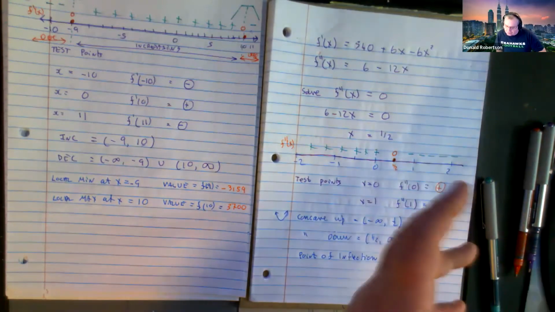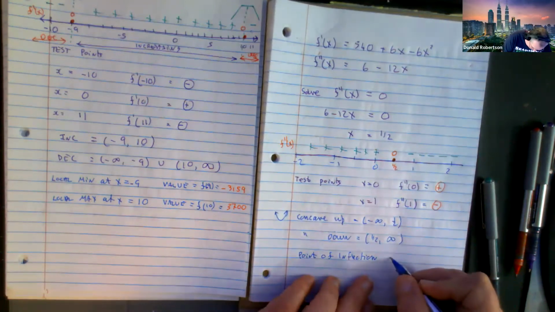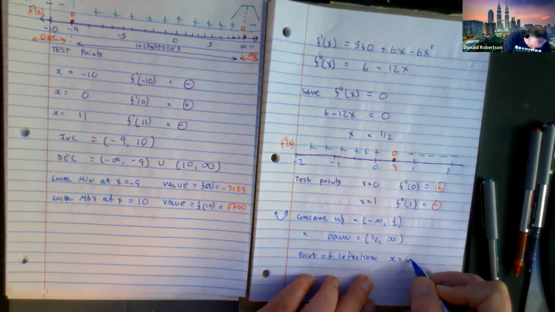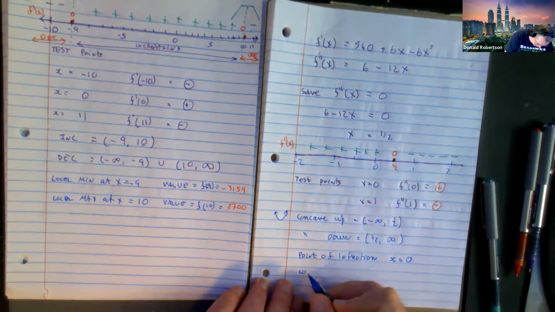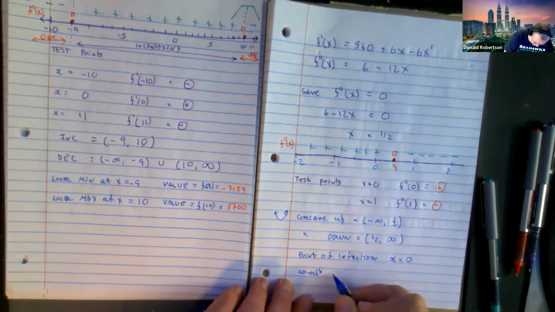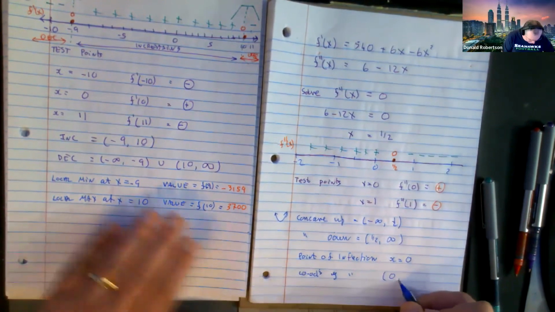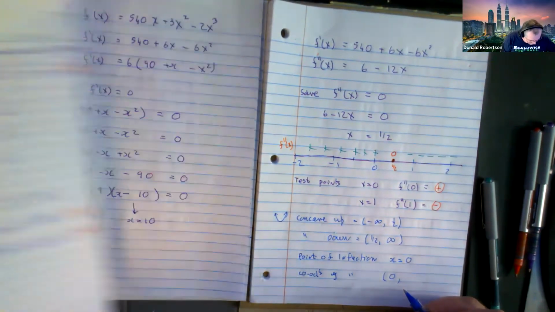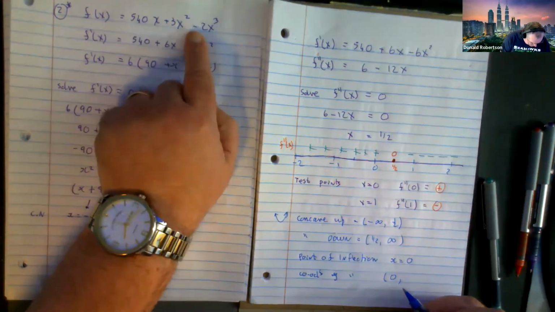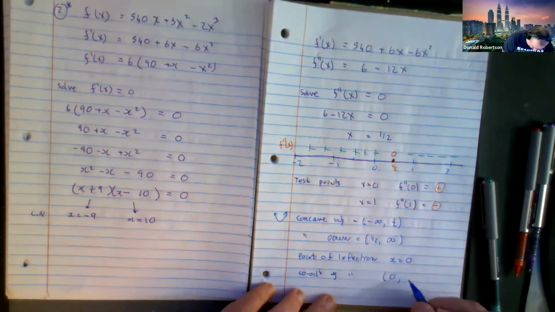It has to be a changeover. And the point of inflection here is at x equals 0, but what they want to know is the coordinates of the point of inflection. So if you take 0, and since you're after the coordinates, you calculate it: 0, 0.